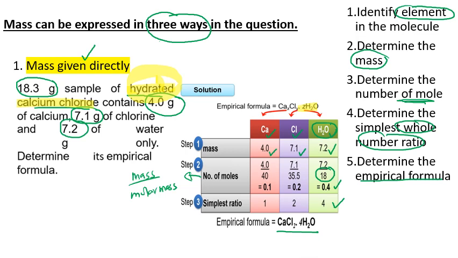Can be 1, can be 2, 3, 4, 5, and even 8 or 11 and so on. Okay, so what is the meaning of hydrated? Basically we consider it as the calcium chloride being surrounded by water molecules. That's why we know it as hydrated calcium chloride.